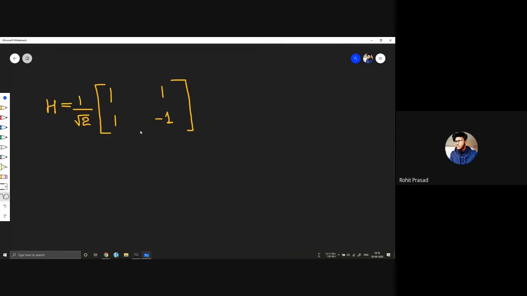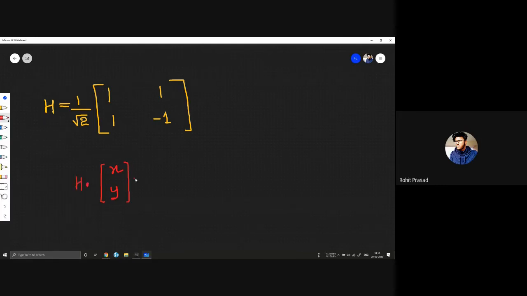Okay, so let's see. I want to apply the H gate on x, y. Just find what will be the resultant state. This will be something like a large 2x1 matrix.